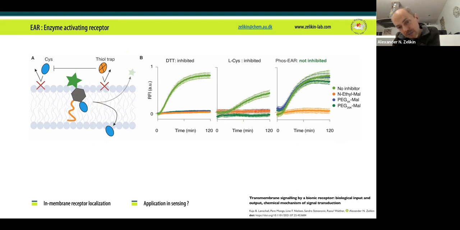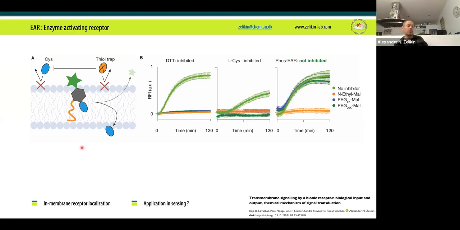And with the presence of inhibitor, we inhibit signaling. That means that indeed, like I promised you, the thiol trap would react covalently with cysteine. With the receptor, this is non-inhibited and the blue trace behind it is inhibited, but there's no inhibition of signaling. And that means that the thiol trap does not have access to the secondary messenger. The secondary messenger is in the lipid bilayer, again, to postulate that it's actually membrane bound and transmembrane signaling.